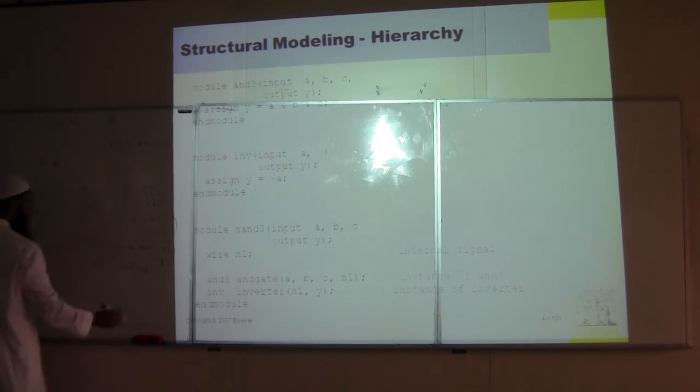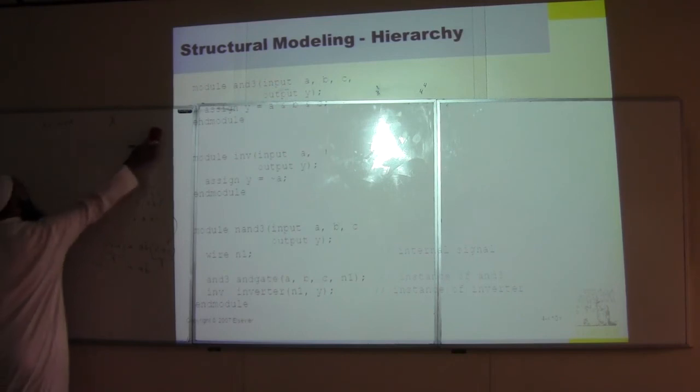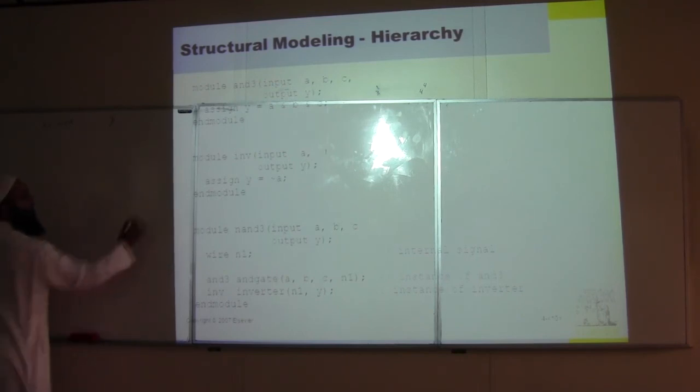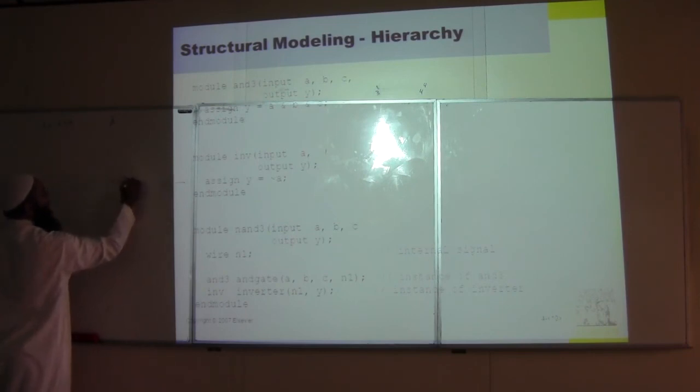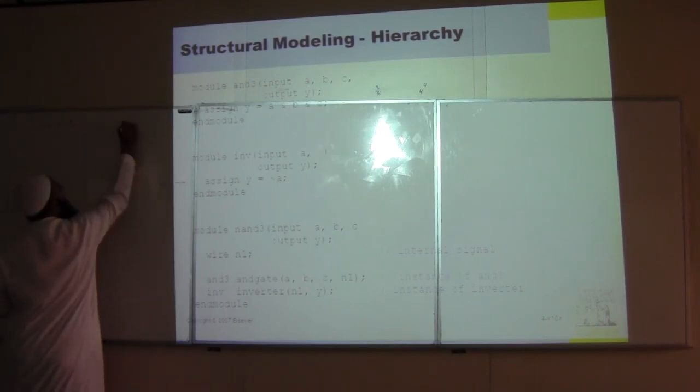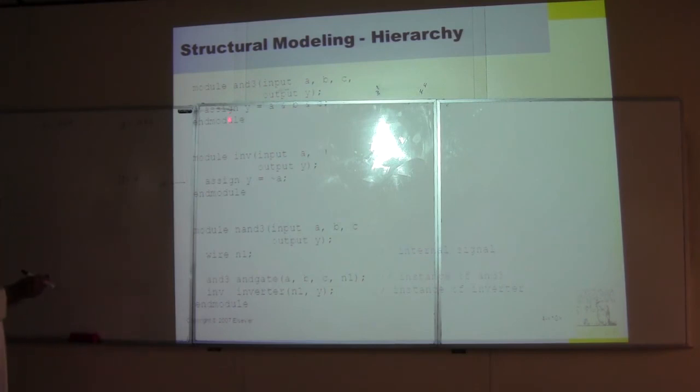A bar. So this one is Y equals A bar. This one is Y equals A B C. This one is A bar.